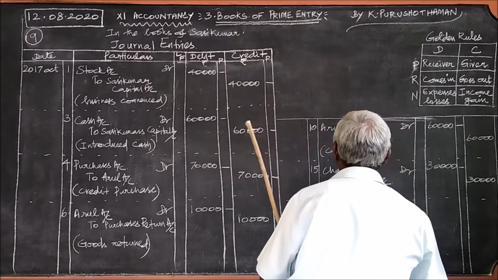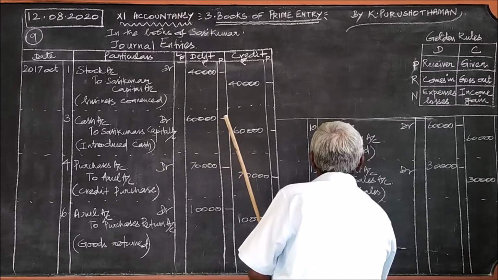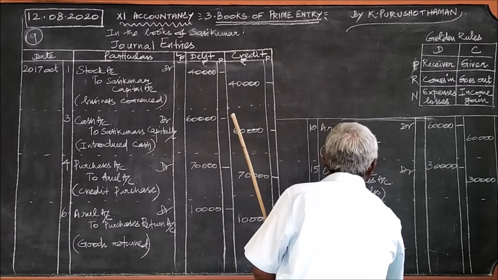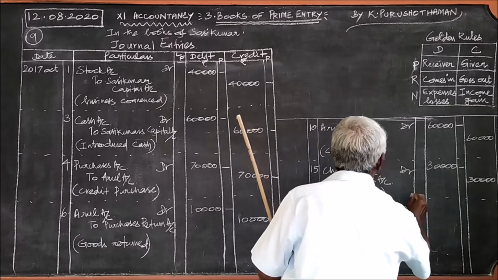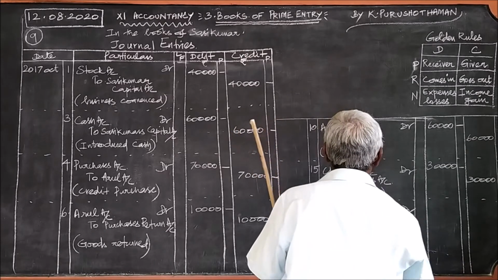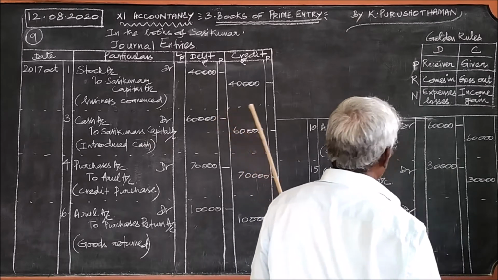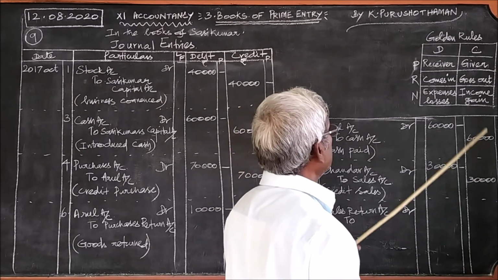Since it is the sold-away goods, that is the sales goods, therefore it is sales return account. Sales return account debit.